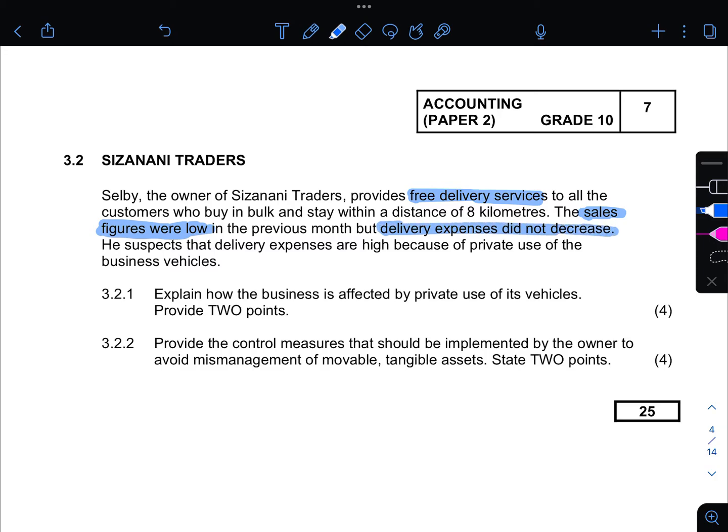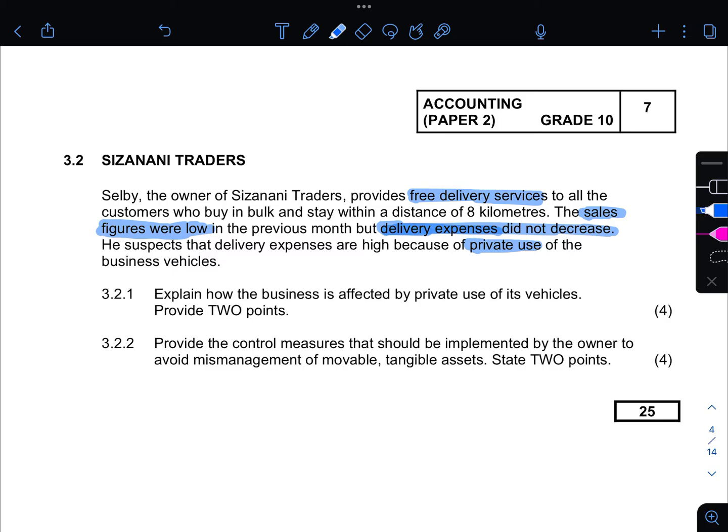He suspects that delivery expenses are high because of private use of the business vehicle. So when they say private use, they mean that employees are using the vehicles for their own purposes. They go wherever they want to go instead of doing their job. Okay, so 3.2.1 says explain how the business is affected by private use of its vehicles.